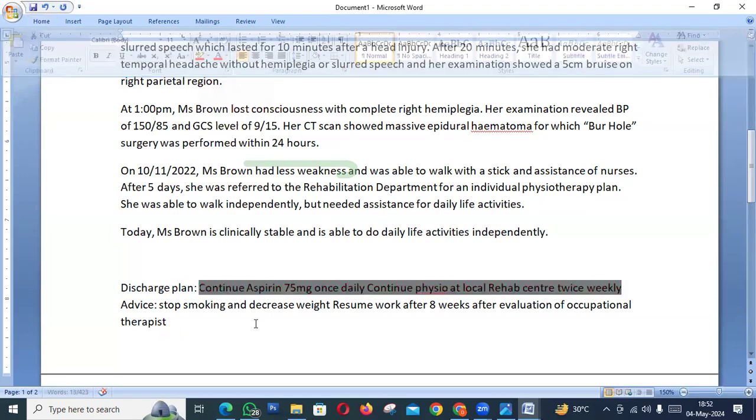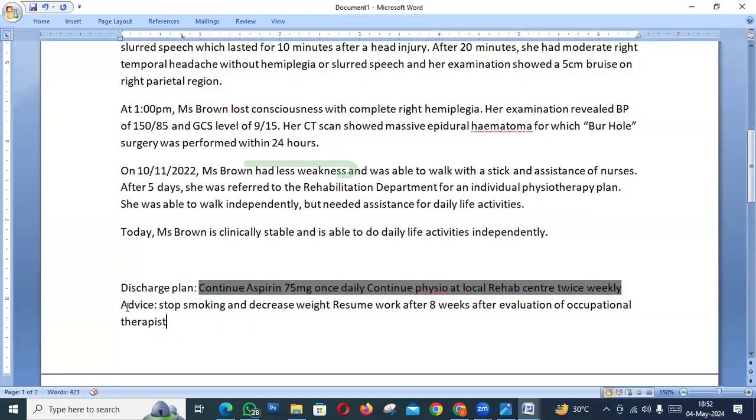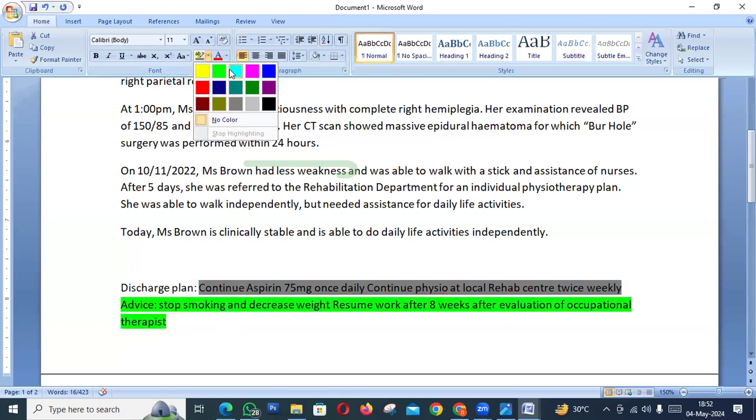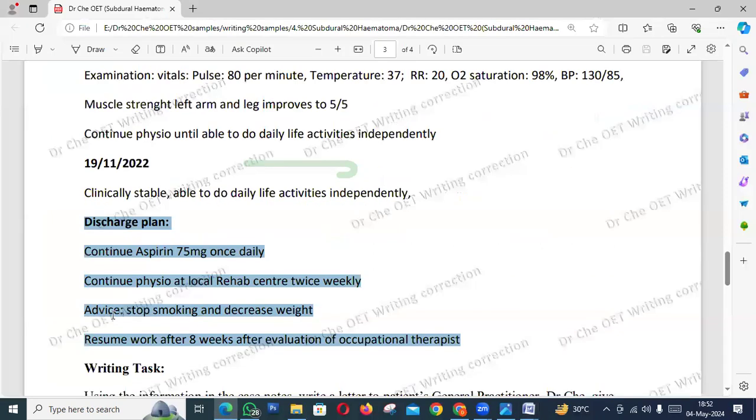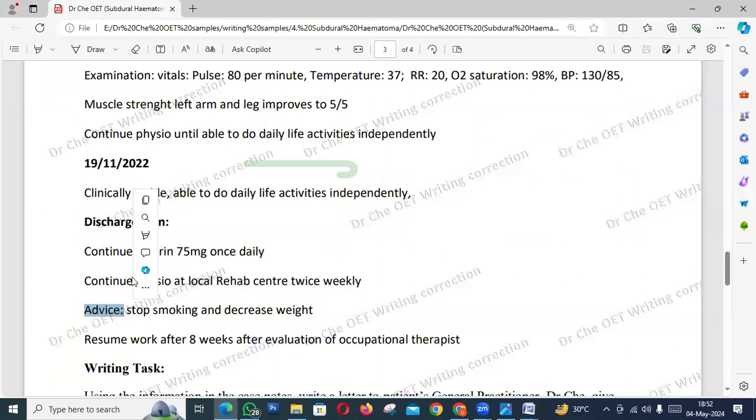This is related to treatment, and this is the advice. And this is advice. Yes or no? Yes, sir. Yeah, this is advice, and this is the treatment.